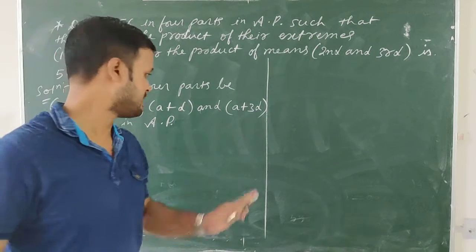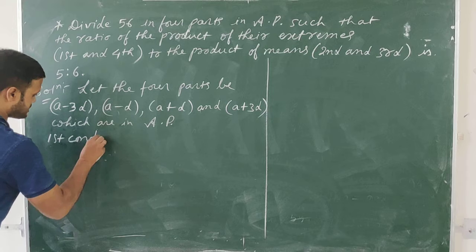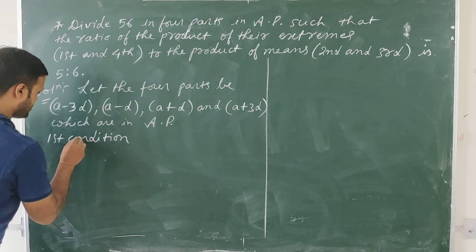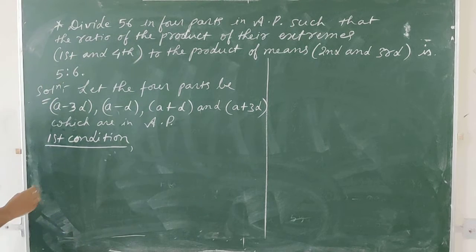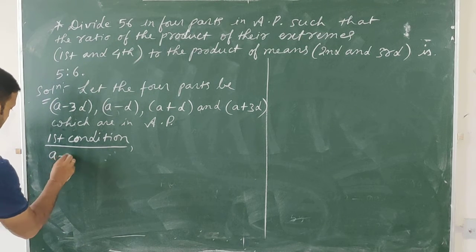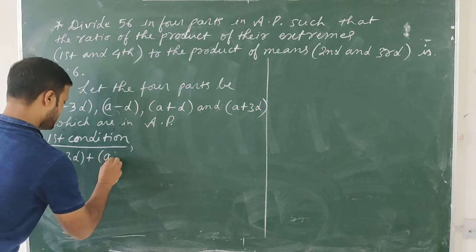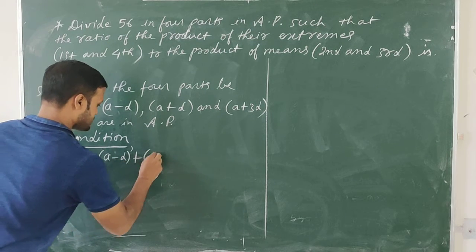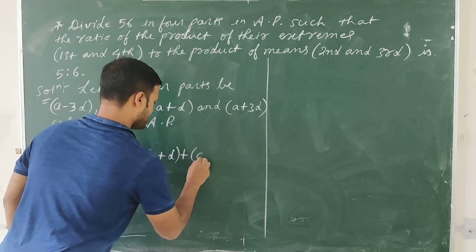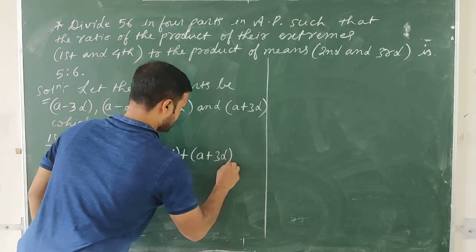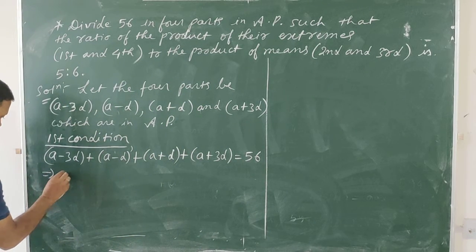That means, students, if I add these 4 parts, I will get 56. So a minus 3b plus a minus b plus a plus b plus a plus 3b is equal to 56.